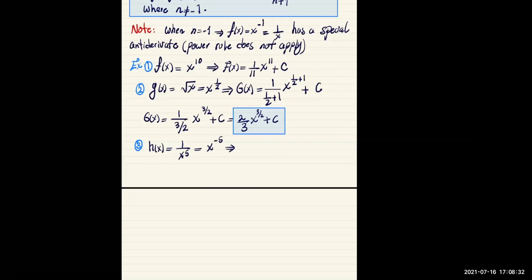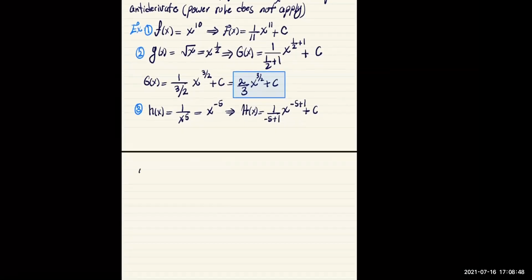And then do the antiderivative business called capital H. Again, I am going to add 1 to that power and divide by that new power plus some constant. So here, capital H is equal to -1/4 x to the power of -4 plus some constant.